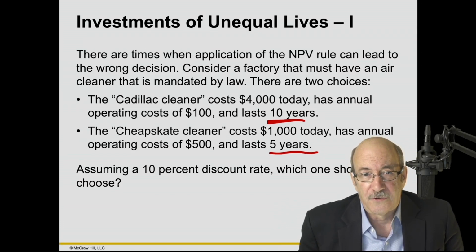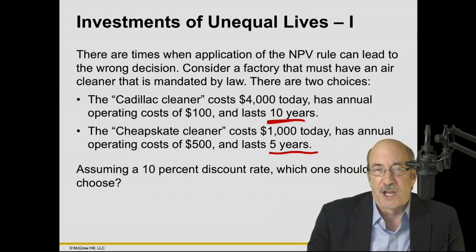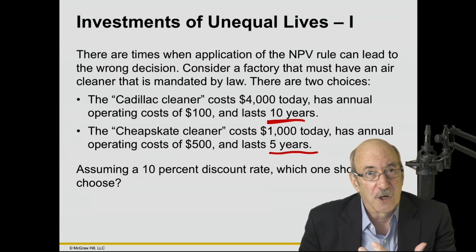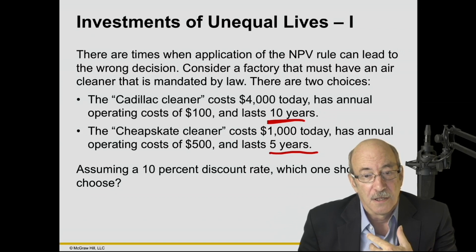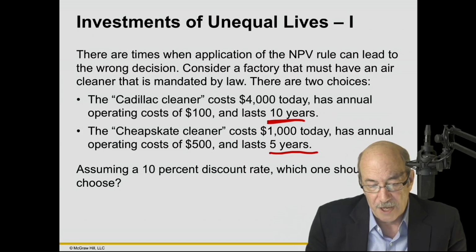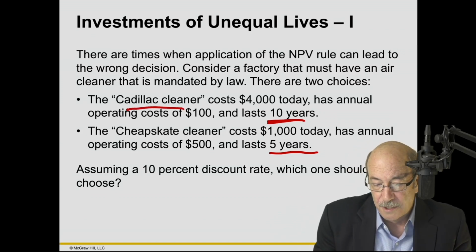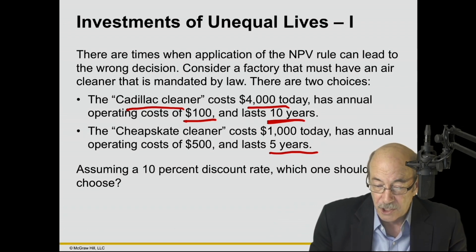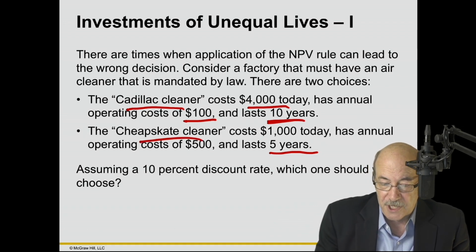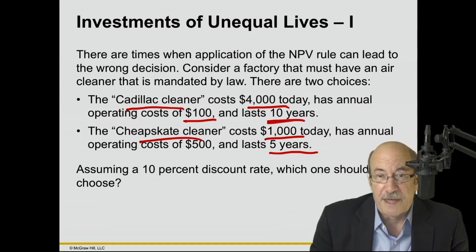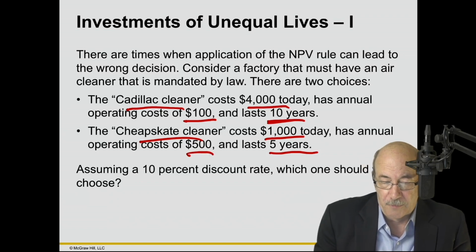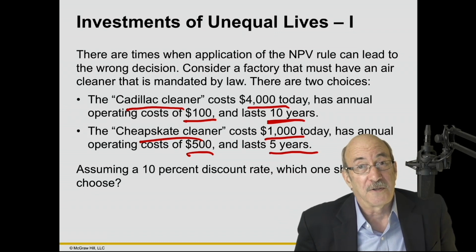This example is just trying to minimize the cost. There is no revenue. We have this Cadillac cleaner that costs $4,000 and has annual operating costs of $100 every year for 10 years. And then we have the Cheapskate cleaner, which costs $1,000. It's a quarter of the price, but annual operating expenses are $500 per year.